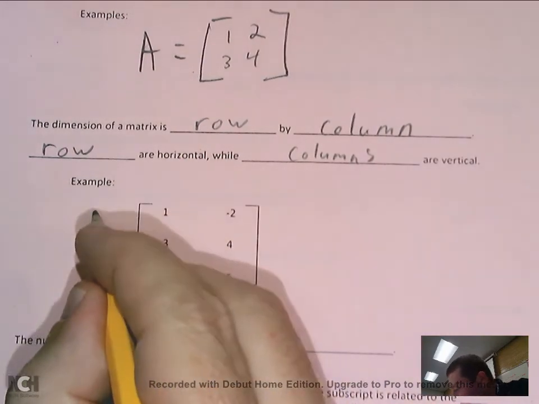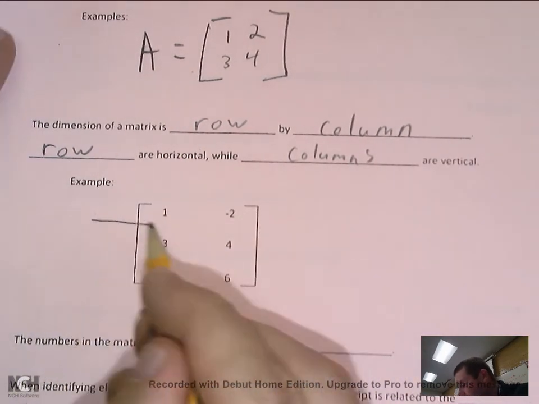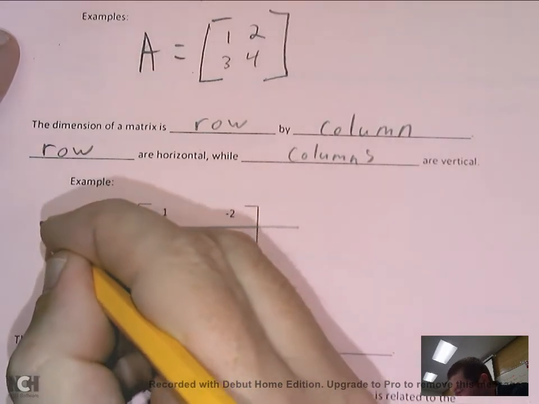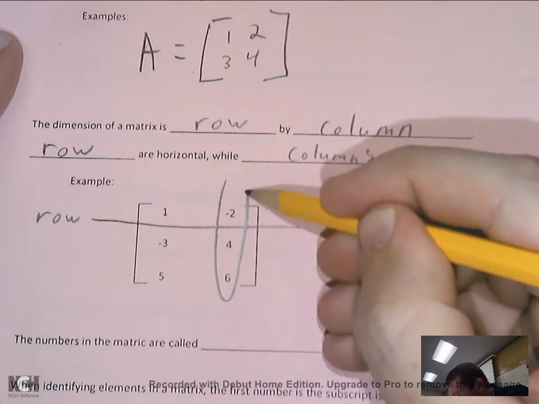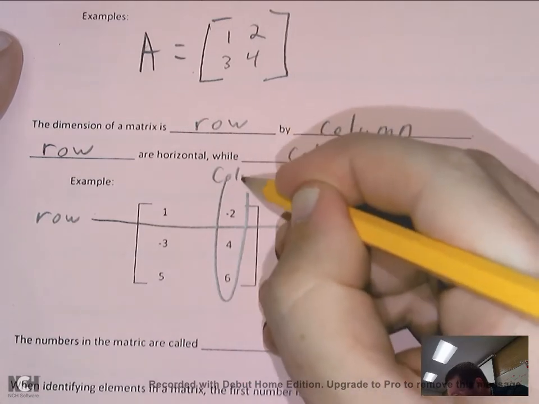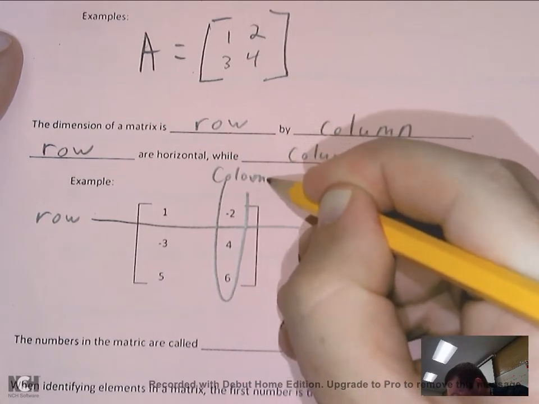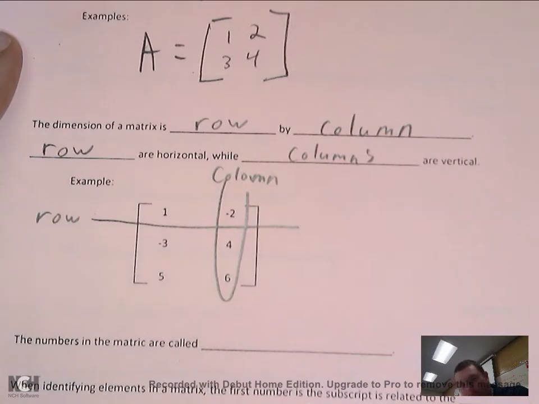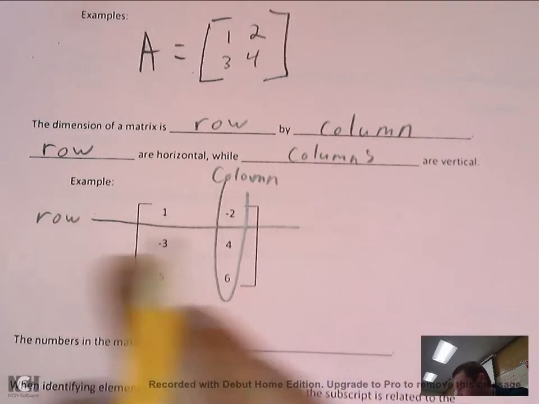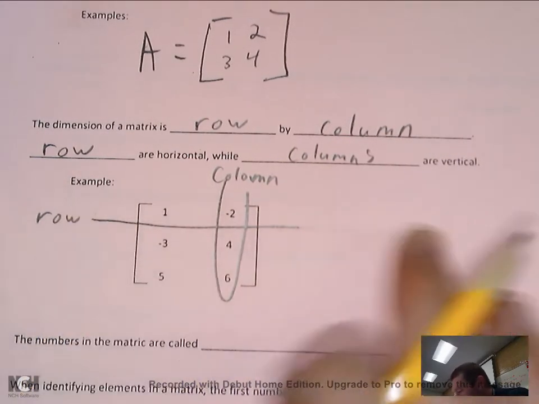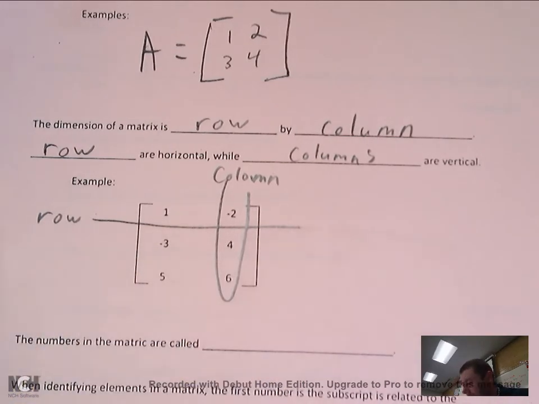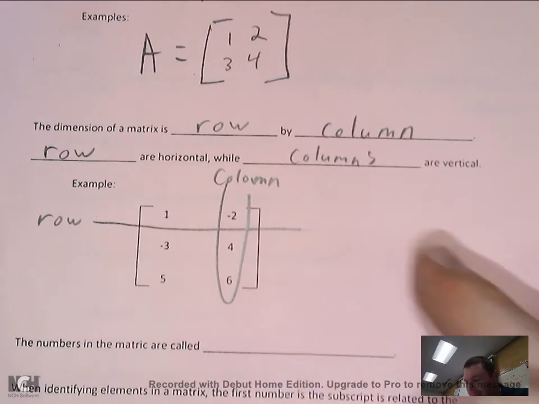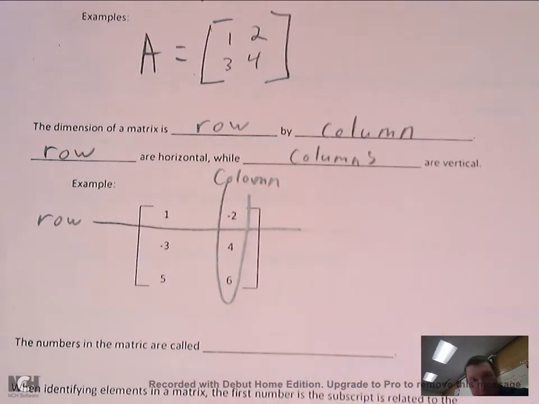So from here to here, that's a row. From here to here, that's a column. So first row would be 1, -2, second row, -3, 4, third row, 5, 6. First column, 1, -3, 5, second column, -2, 4, 6.